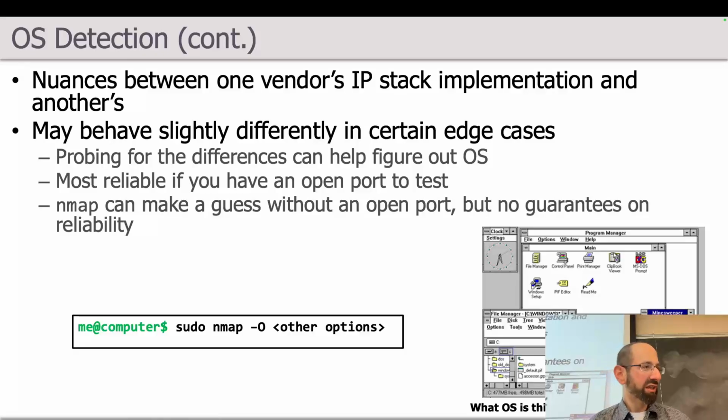The actual literal low-level timing of the implementation can tell you some things about what's running here. So in Nmap, when we pass -O and then some other options, it will do its best to use its low-level knowledge about the underlying vendor's TCP/IP stack implementation to give you a better, highly probable guess as to what operating system is running there.